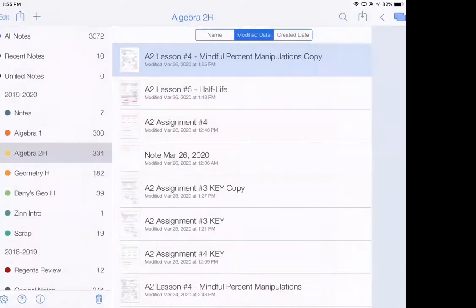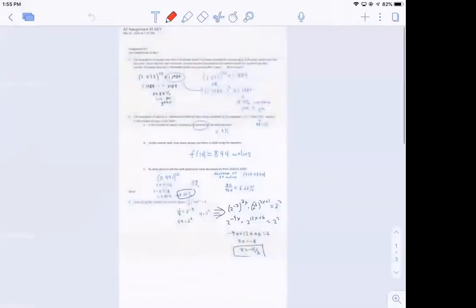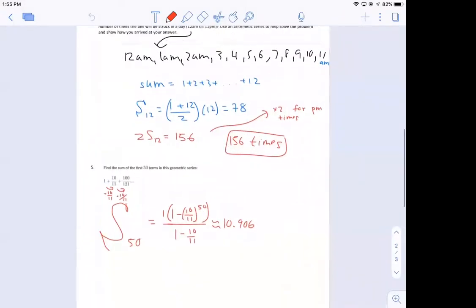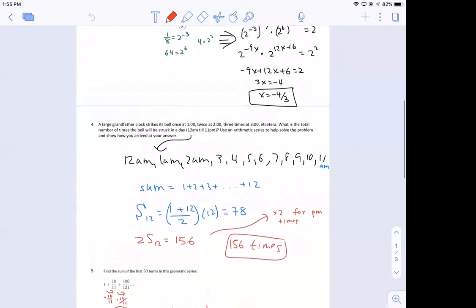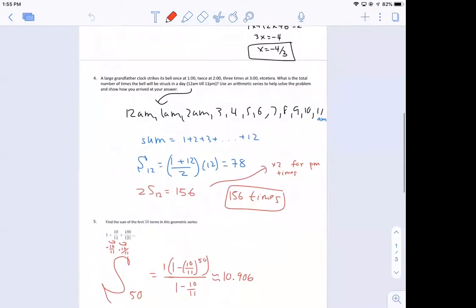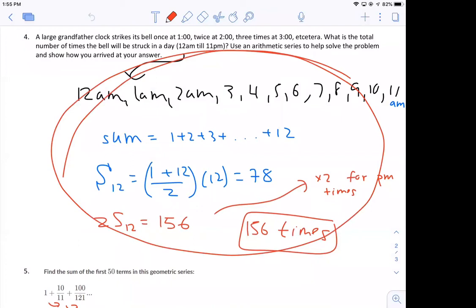Oh, assignment number 3, that's right. Second to last one. Oh, this grandfather clock one. I don't even know why I put this question on here. I didn't like this one too much. Wait, second to last one. This is the question you want, right, Grace? This one, question number 4?